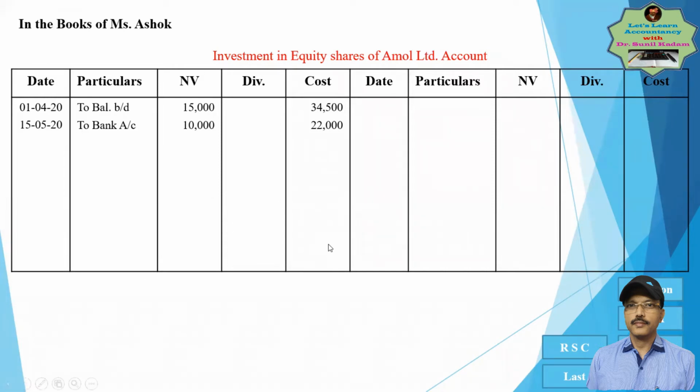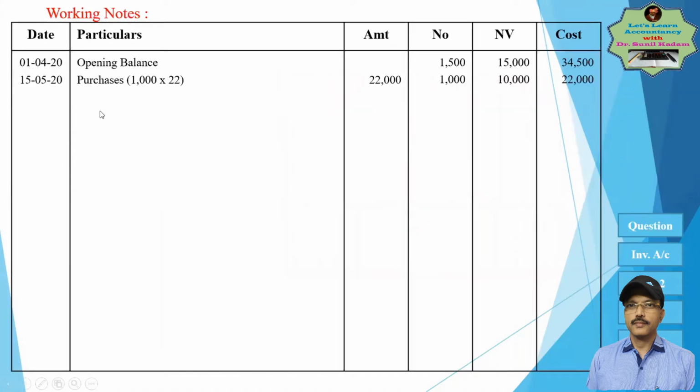Sorry, 22,000, not 22,500, because it is 22 rupees per share. So 1,000 shares have been purchased. After this purchase, the balance is 1,500 plus 1,000, that is 2,500 shares, total nominal value 25,000, and the total cost is 56,500 after 15th May.